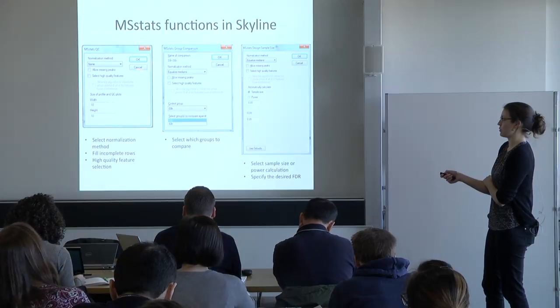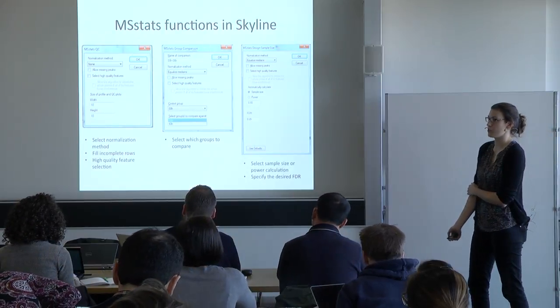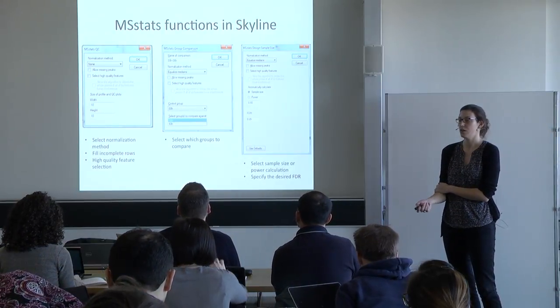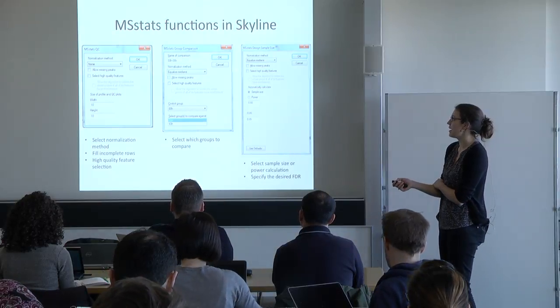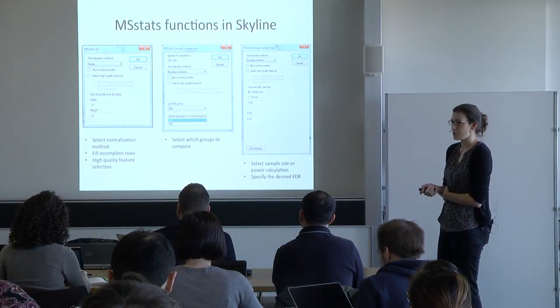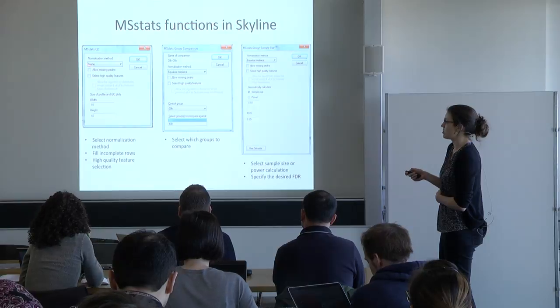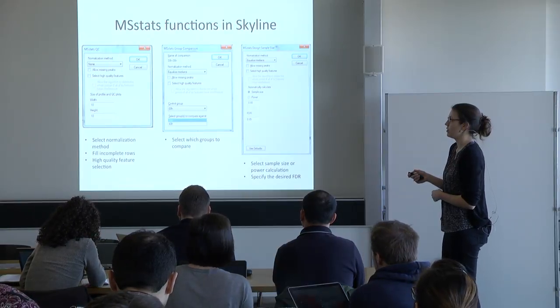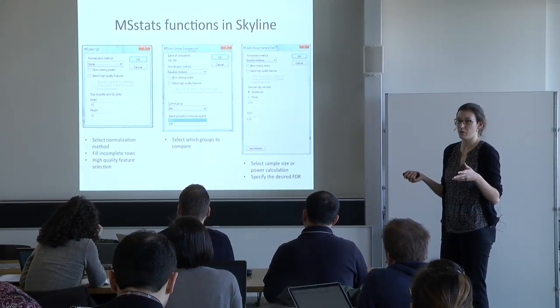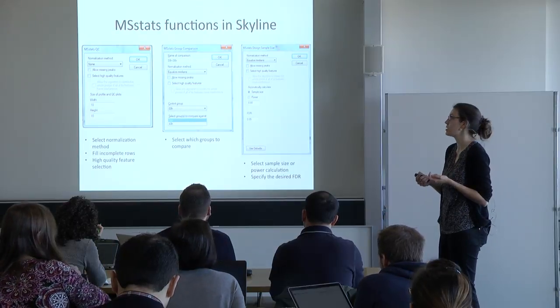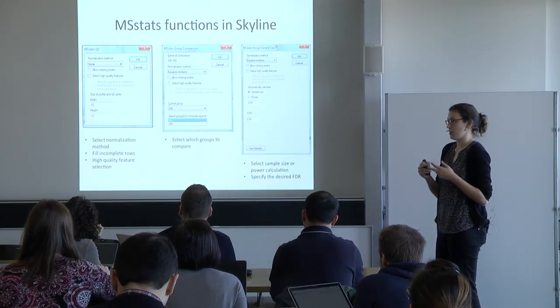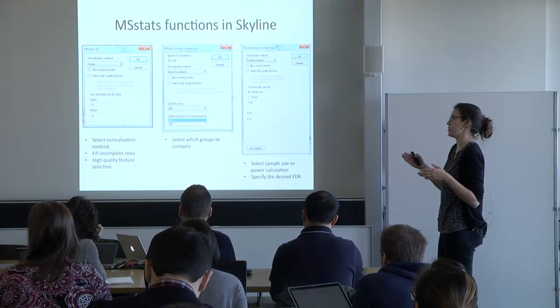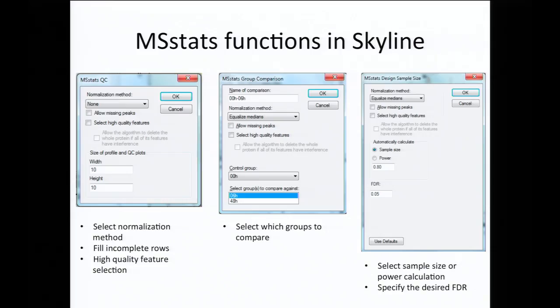You have the 3 different modules of MSstats, which can be done from within Skyline, and the things you need to specify are the normalization method, which would be either no normalization, the equalized medians, the quantile normalization, or you select a specific set of global standard proteins.